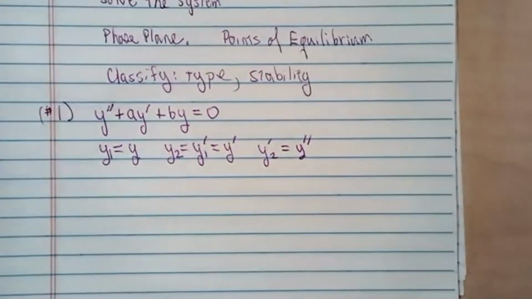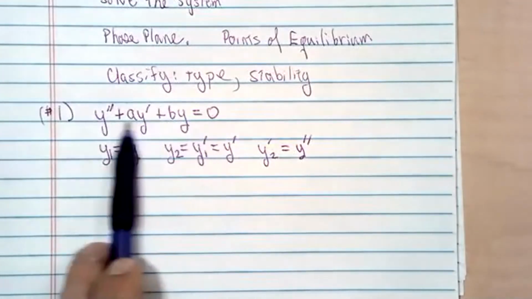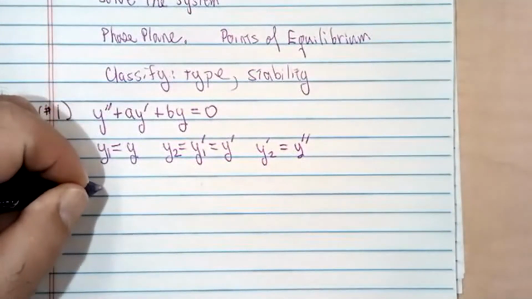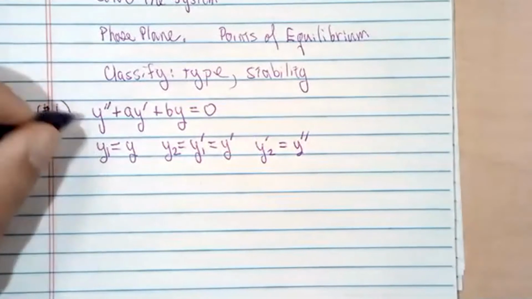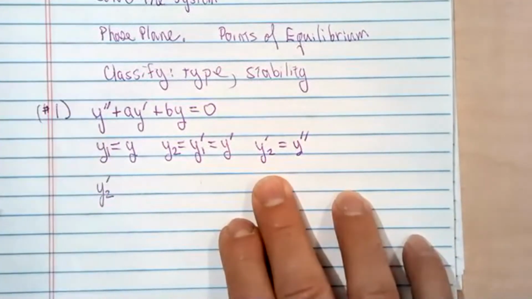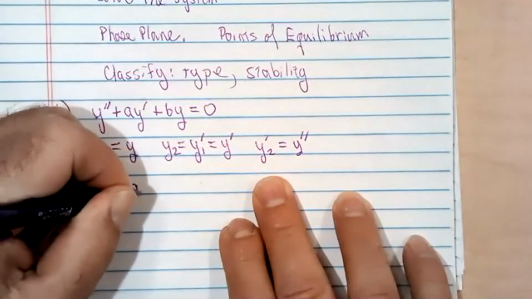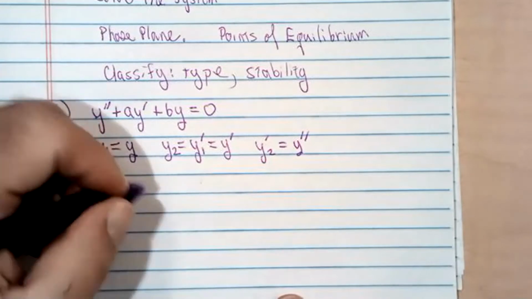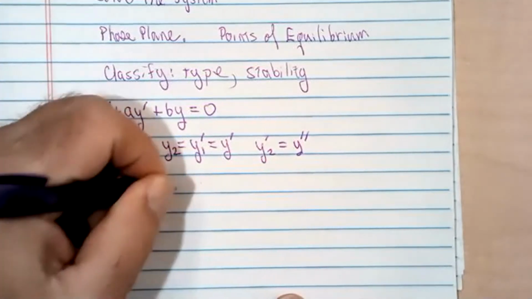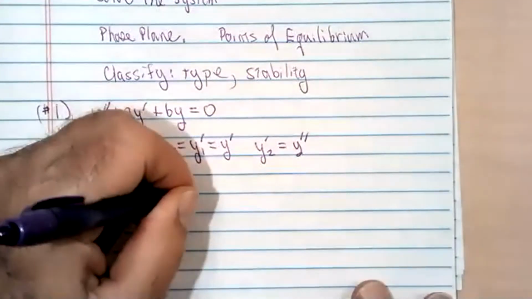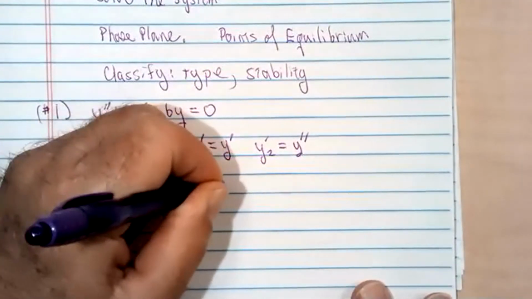Now, if you make those substitutions in this original equation, you end up generating what you need for a system. So y double prime, which I'm going to call y2 prime, plus a y prime, but y prime is y2, plus b y, but instead of y I'm going to write y1, equals 0.